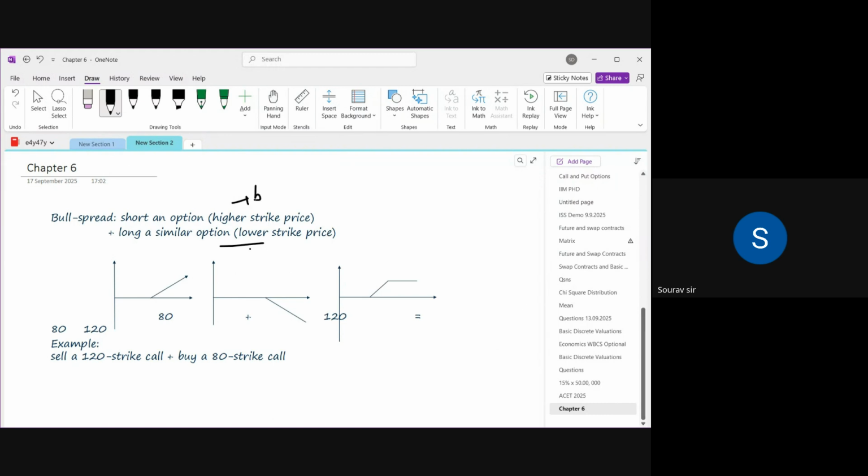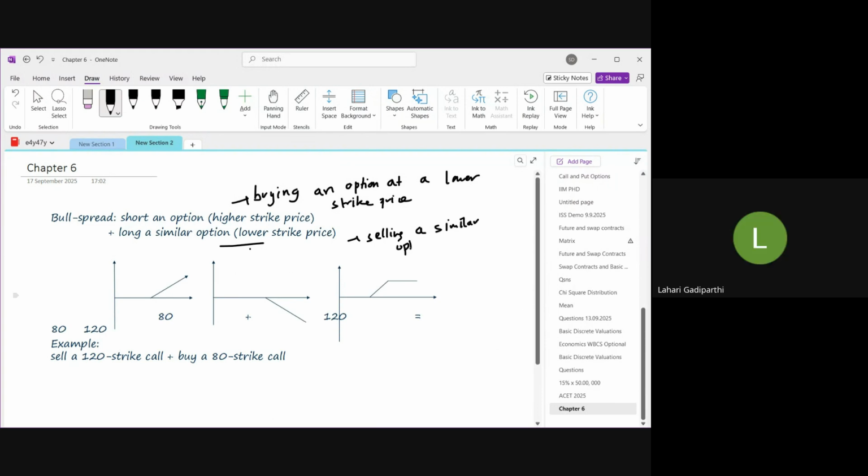It involves buying an option at a lower strike price and selling a similar option, same type call or put, at a higher strike price. So this limits both profit and risk. Okay. So first you buy a call with strike 80, and then you sell a call with strike 120, the higher strike.